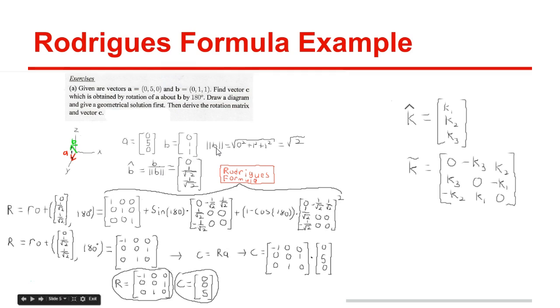So in this case, the magnitude of the vector is all of its components squared, and you take the square root. So you get the square root of 2. If you take the vector and divide it by the magnitude of that same vector, you get 0, 1 over the square root of 2, and 1 over the square root of 2 for y and z.